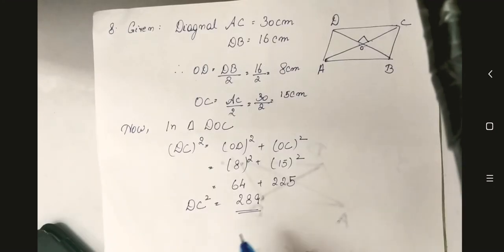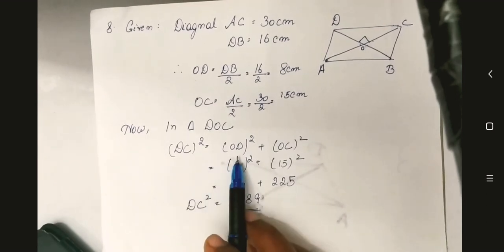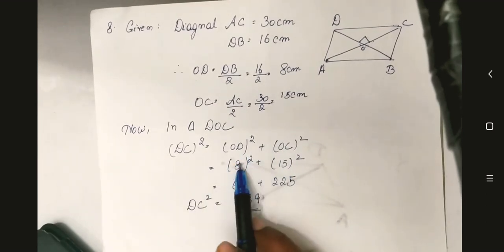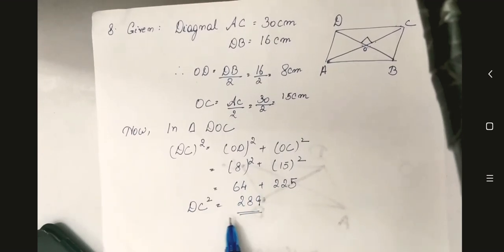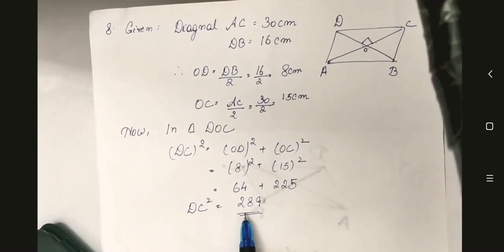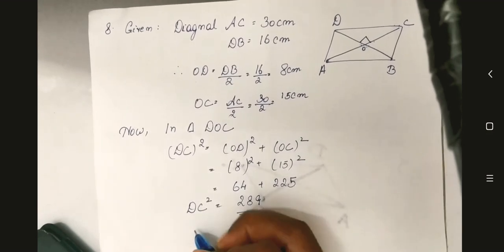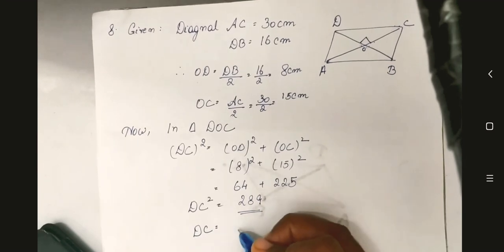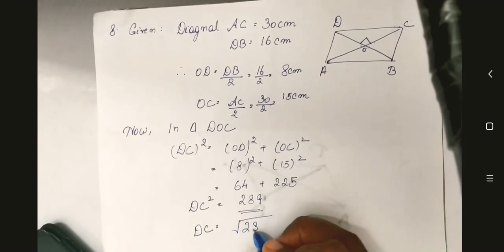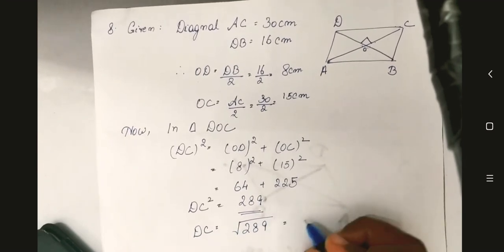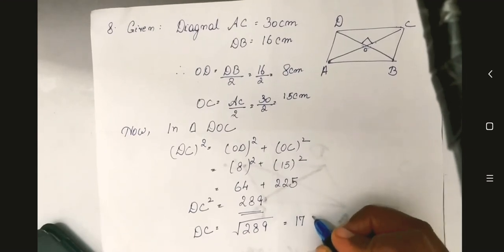We have done the addition, and then we got DC square is equal to 289. So the square root of 289 is 17. So we can see DC as 17 centimeters.